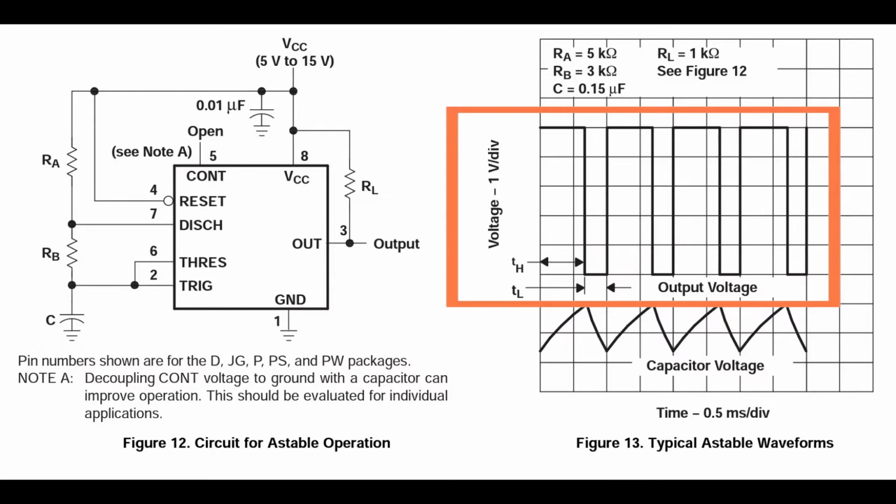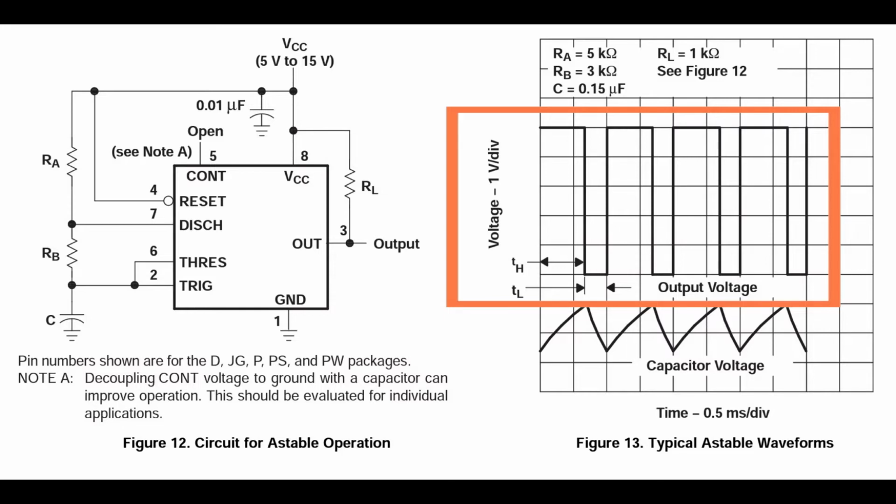And these high times, the times the voltage signal is high and the time the voltage signal is low, you see they can be different, and they are called small TH here in the drawing to the left of the squares. And here small TL, so TH for T high and TL for T low.